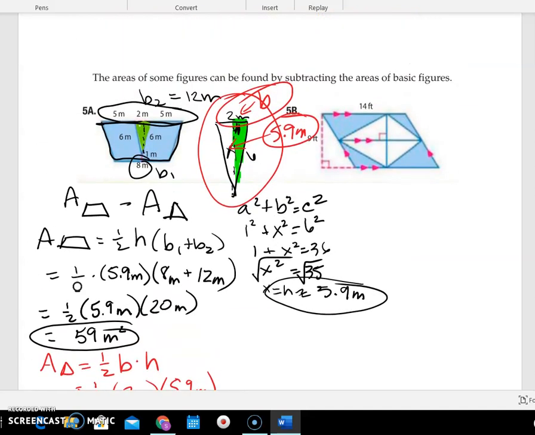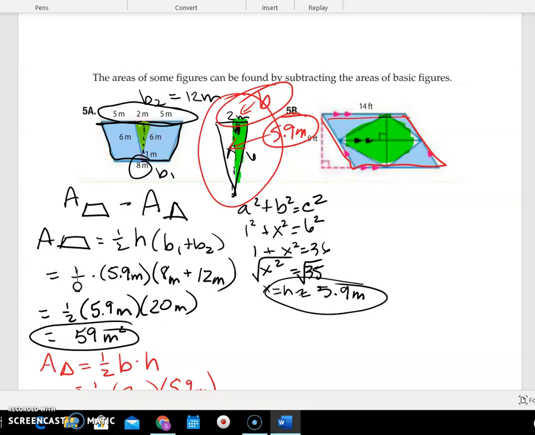All right, for the other one, it looks like a parallelogram, and then there is what looks like a kite that has been taken out of it.